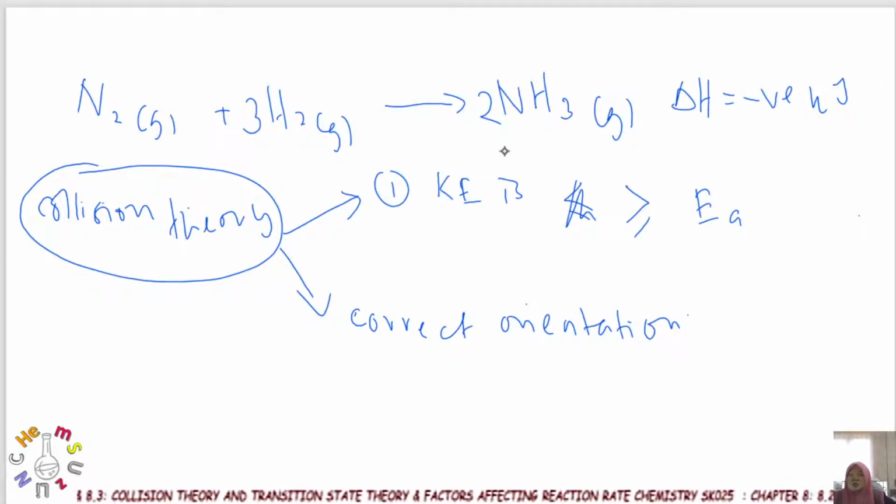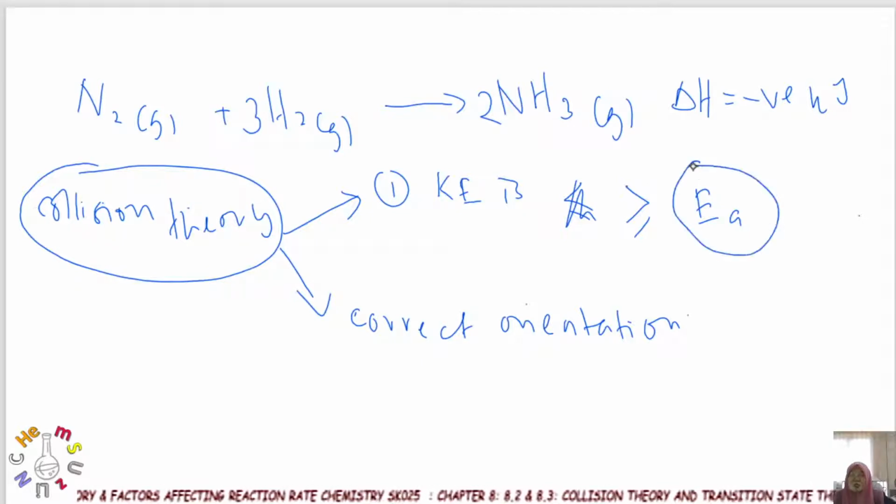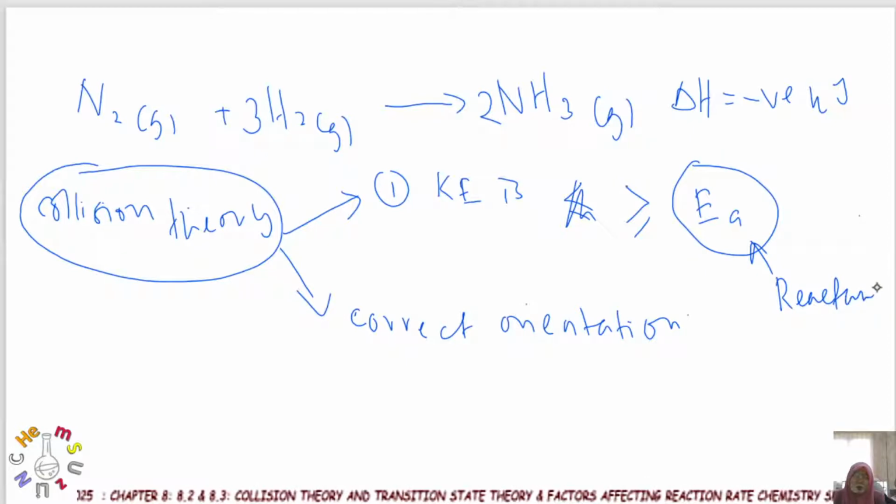Okay. Jadi siapa yang kena ada kinetic energy equal dan greater than activation energy ni? Of course lah. Dekat sini siapa yang ada EA ni? Dia mesti adalah reactant.